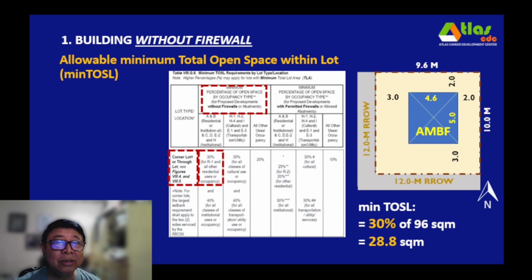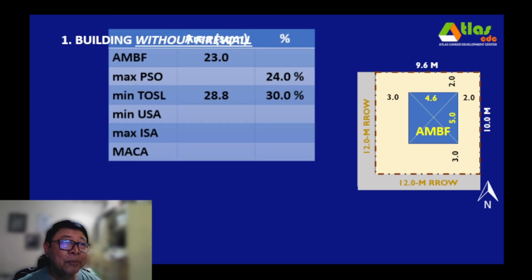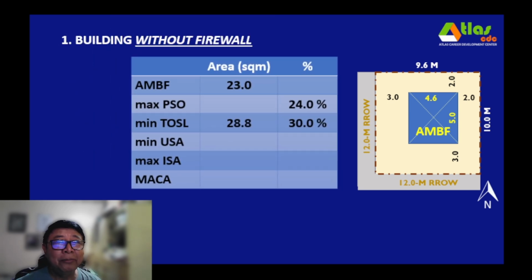So actually, this is the minimum allowable TOSL as per this reference. So the value that we have derived earlier is a value that is based on the maximum PSO, which is bigger than this one. So we will stick to this minimum TOSL as per table 8.G.6. So that will now be our final value for the minimum TOSL, although you can have a bigger open space, because our AMBF or maximum PSO is only 23 square meters or 24%.